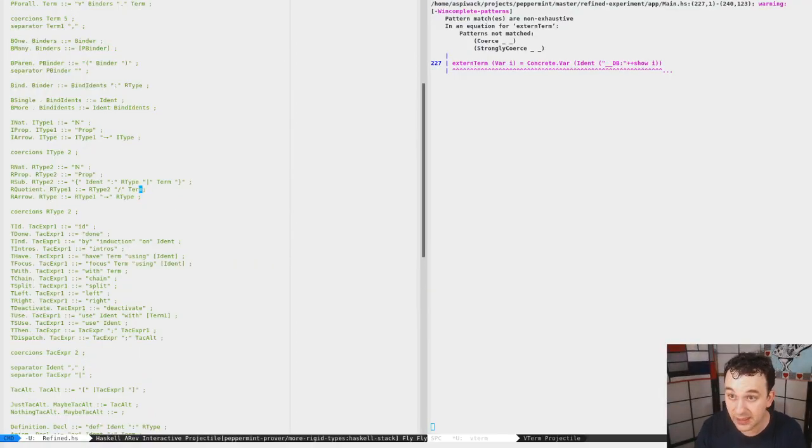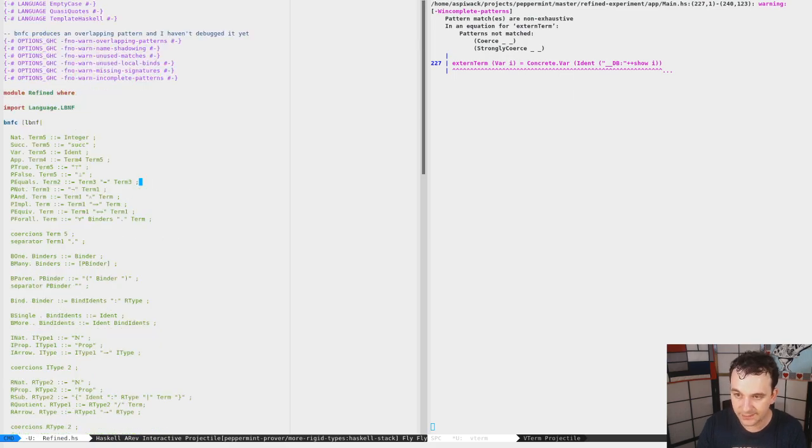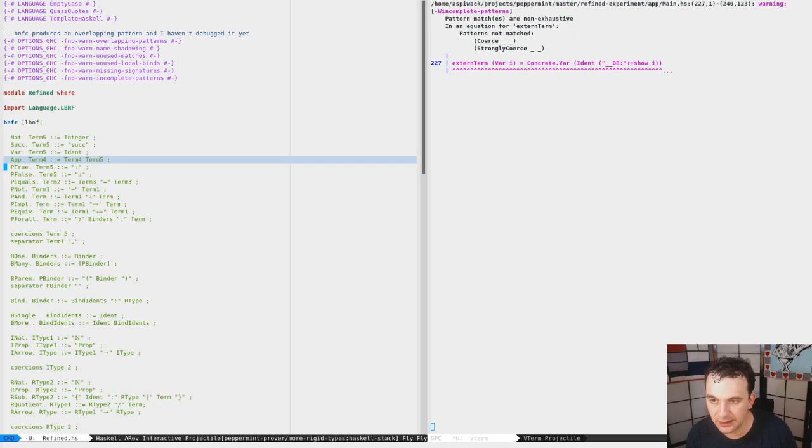So we need that in terms. Five levels. So it should bind less, quality, I guess. Maybe.